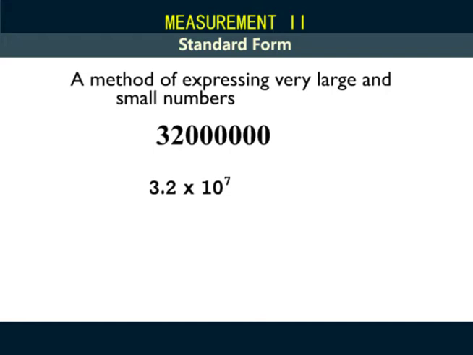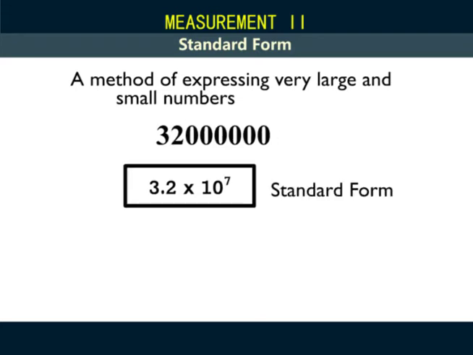The power of 10, in this case 7, is equal to the number of steps the decimal point moved from 32 million to 3.2. Remember, for this number, there is a non-decimal here. So it moved 1, 2, 3, 4, 5, 6, 7 steps to the left.